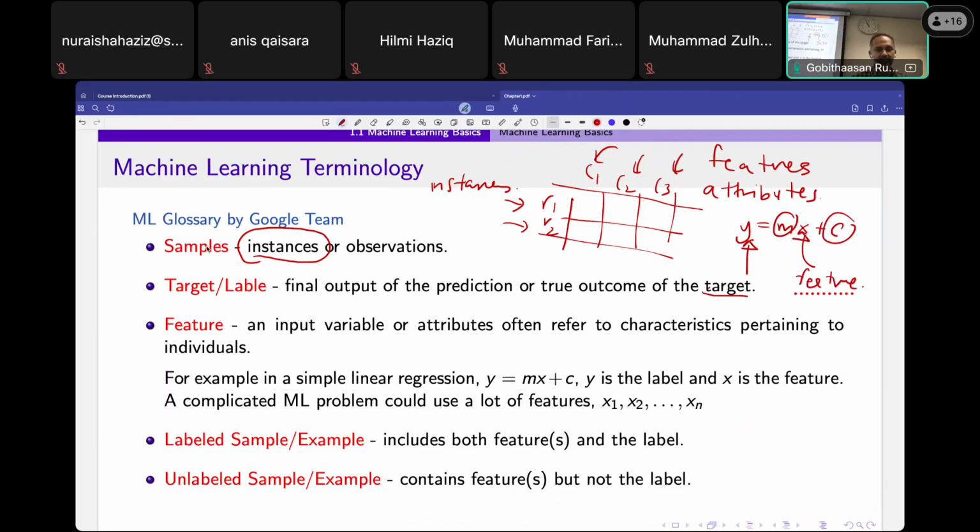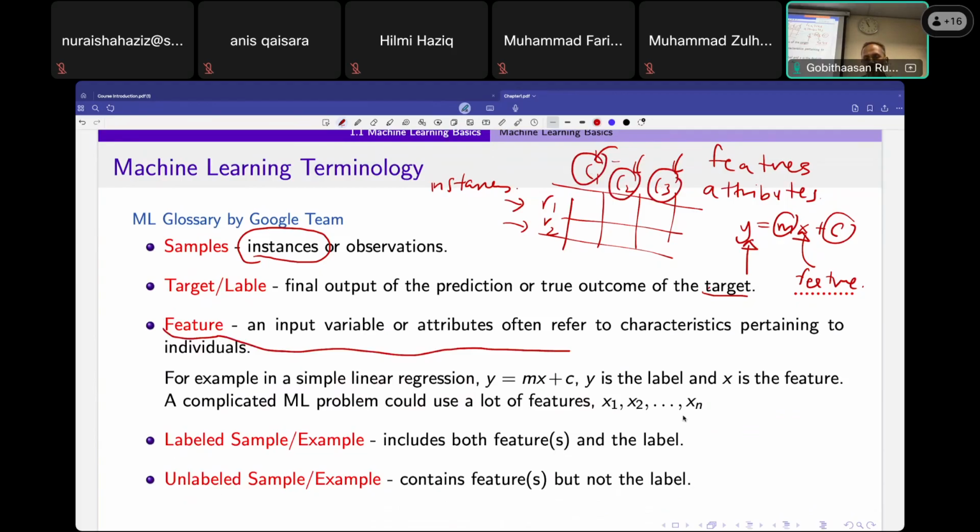So feature, I just explained to you. Features are all the variables and characters or attributes that are in your data. For example, as I said, C1 here and C2 and C3 are all features for this data set. And then label, sample, example, include both feature and label.